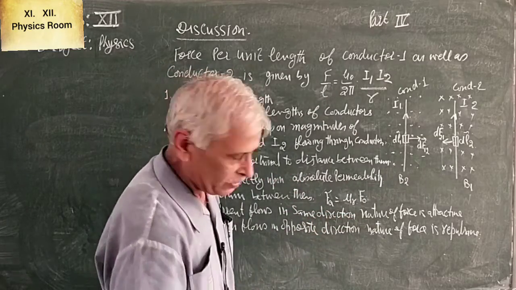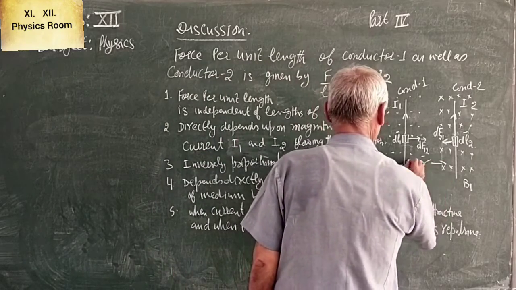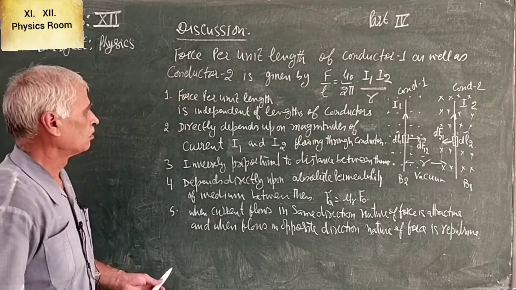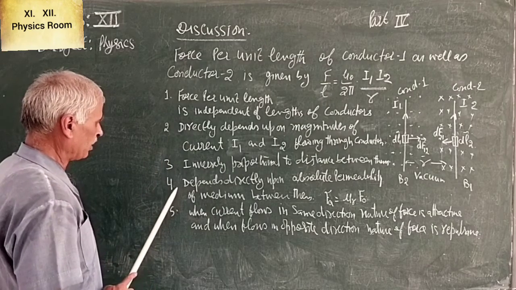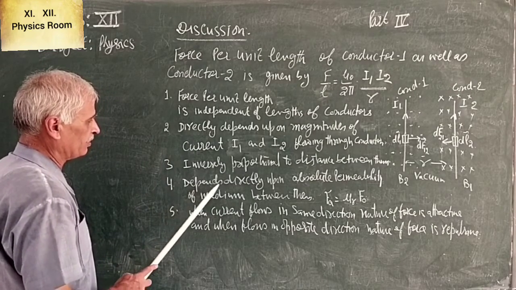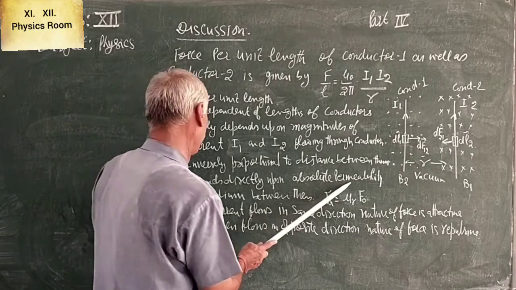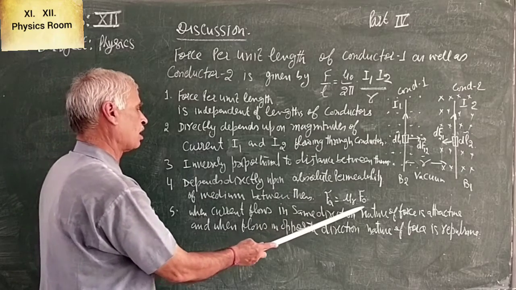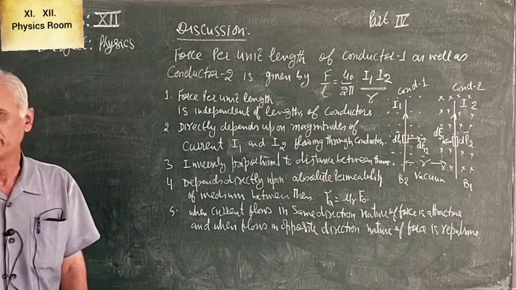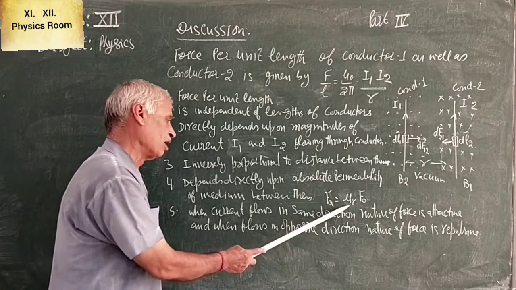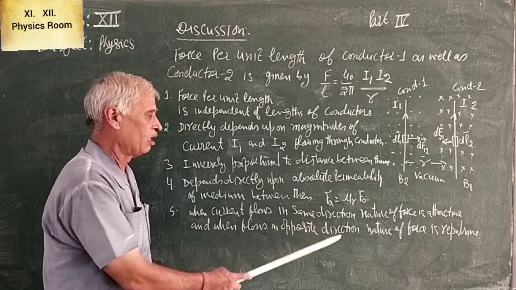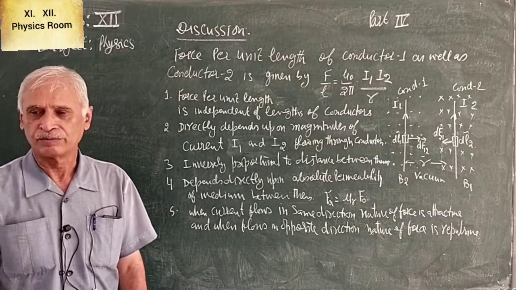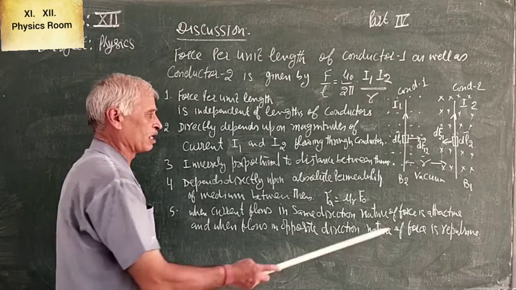The distance is R. And fourth point is, it depends directly upon absolute permeability of the medium between them and is given by F a is equal to mu R F naught, where mu R is the relative permeability of the medium between the conductors, and F naught is the force between the two conductors in vacuum.